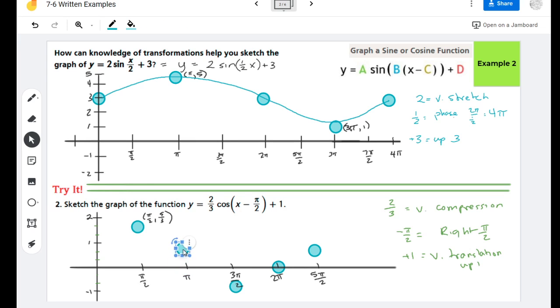This one just scoots up by 1, so that one's pretty easy. I'm still going to label it for the sake of people looking at this later. This one's at negative 2/3. So when it goes up by 1, it's actually going to pop up to 1/3. So this anchor point is 3 pi over 2 and then 1/3.